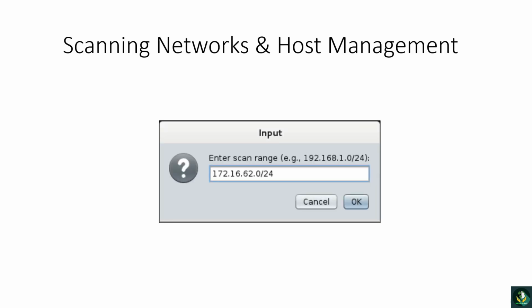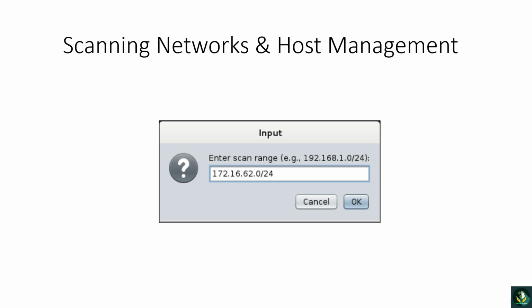However, on clicking the intense scan, Armitage will display a pop-up that asks for the target range, as you can see in here. So make sure you first open Armitage, then scan the network by selecting the intense scan option from the Hosts tab.